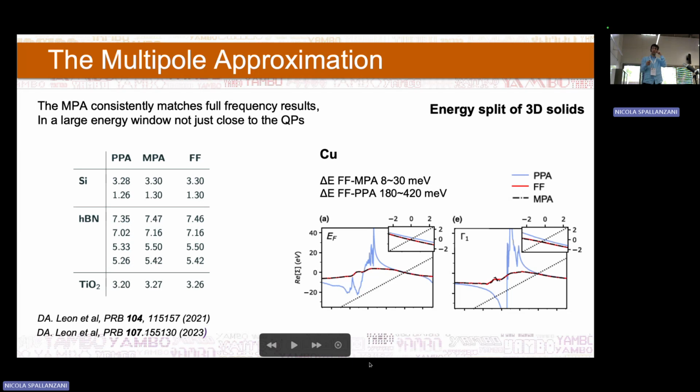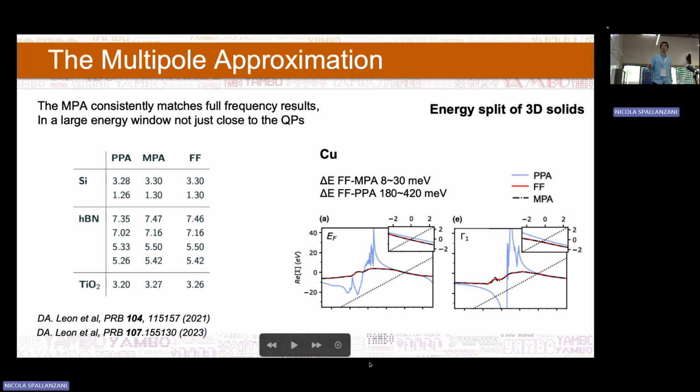I think the multipole improves the agreement with analytical models and with exact numerical integration techniques. We can look at the result, for example, in the case of semiconductors and insulators. In semiconductors like silicon, the plasmon pole already works quite well, so we don't have a large difference in this case. But for another insulator like hBN, there is some difference between the plasmon pole and the full frequency.